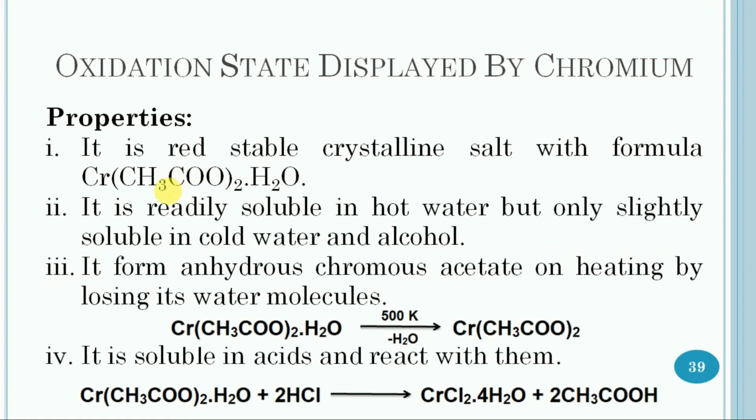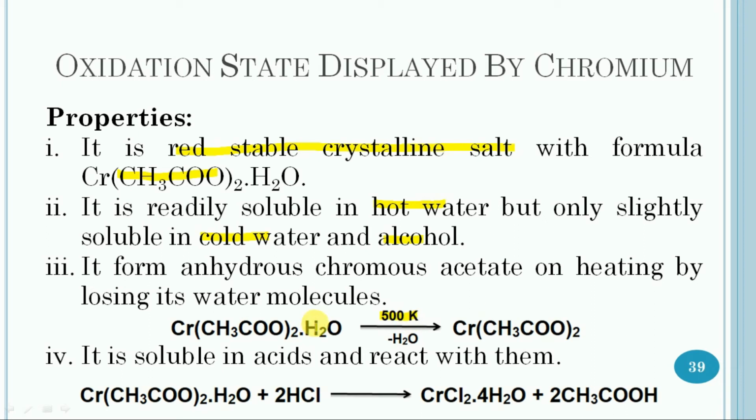Properties of this complex: it is a red stable crystalline salt with this formula. It is readily soluble in hot water but only slightly soluble in cold water and alcohol. It forms anhydrous chromous acetate on heating, and it loses its water molecule at 500 Kelvin.